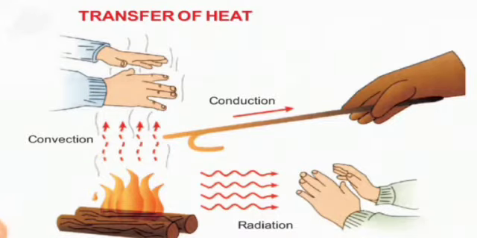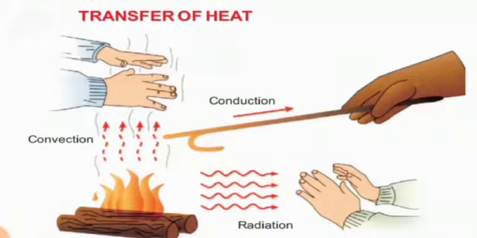Students, what happens when two bodies at different temperature are in thermal contact with each other? Thermal energy from a hot body flows to a cold body in the form of heat. This is called transfer of heat. Transfer of heat is a natural process.